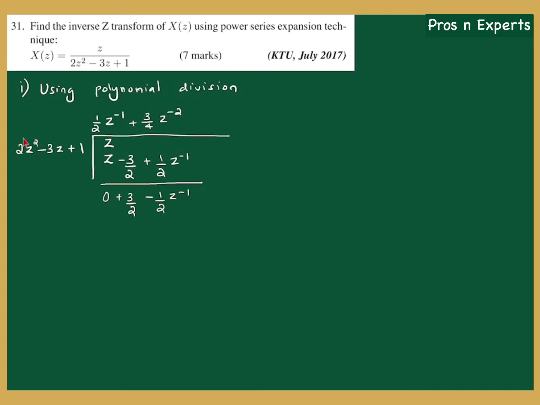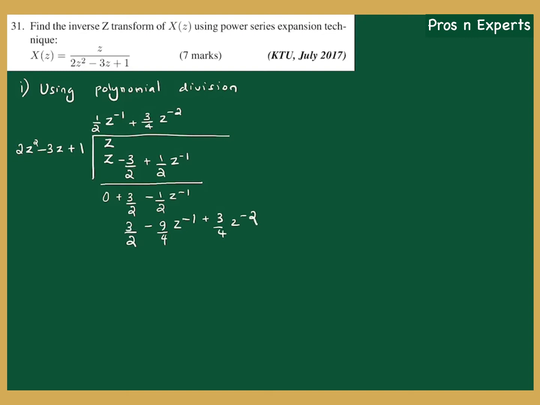So first I multiply 2z square with this term and get 3 by 2. Then minus 3z with this term gives minus 9 by 4 z inverse. And finally, when you multiply 1 with 3 by 4 z inverse 2, you end up with 3 by 4 z inverse 2.